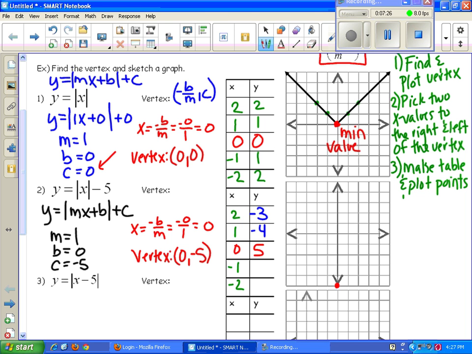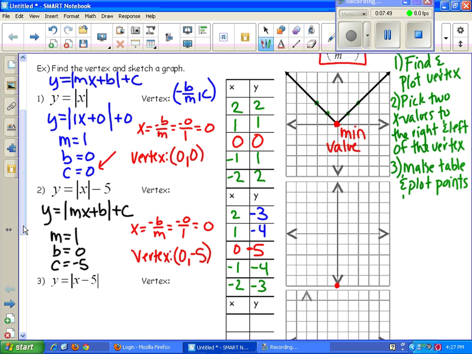And I forgot my negative on my vertex right there, so I'm sorry about that. I've got to put the negative 5 there. So then if I plug negative 1 into my equation, the absolute value of negative 1 is positive 1, and 1 minus 5 gives me negative 4. If I plug negative 2 in, the absolute value of negative 2 is positive 2, and 2 minus 5 gives me negative 3. So now all I have to do is graph this.